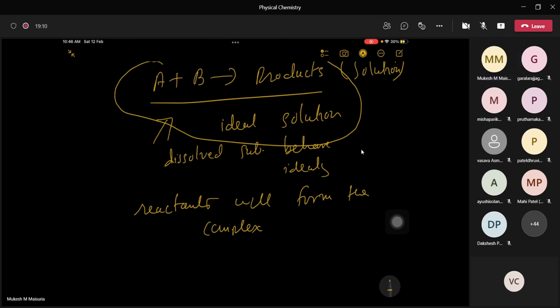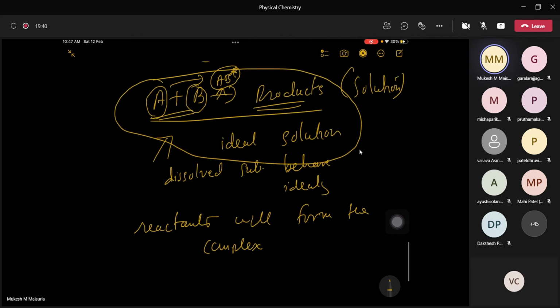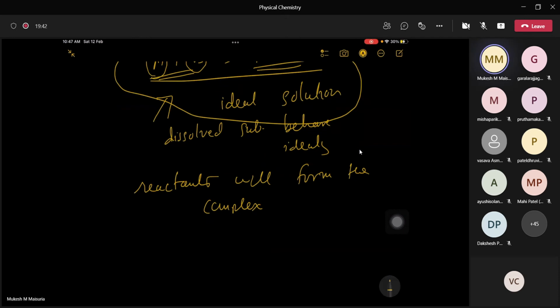So A plus B converted into product, but before this they form an activated complex. And according to the transition state theory, there is an equilibrium between the activated complex and the reactant molecules.